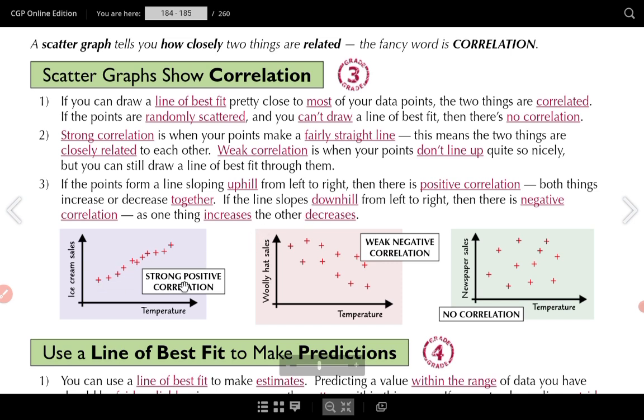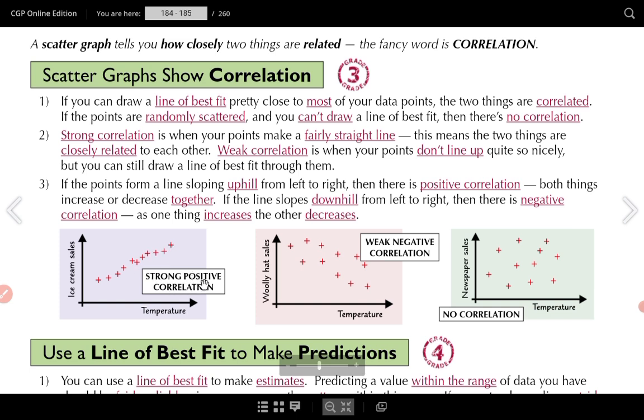This is how scatter graphs look, and the first thing you need to understand about scatter graphs is what we call correlation. You can see these values are more or less following a certain line, so we call this a strong positive correlation.